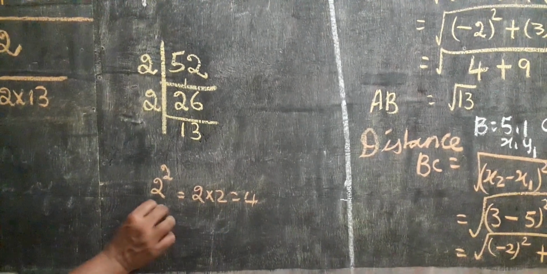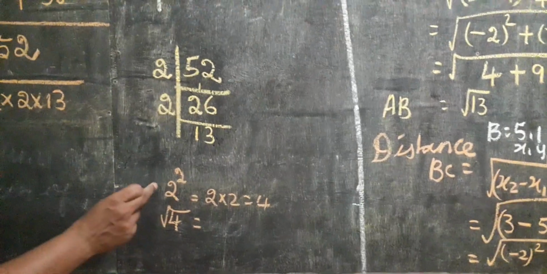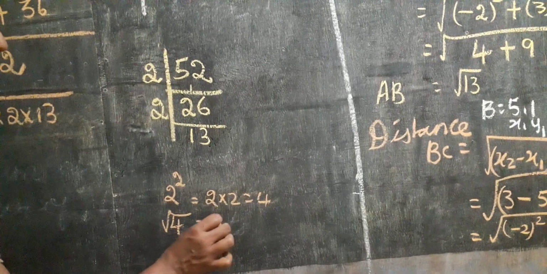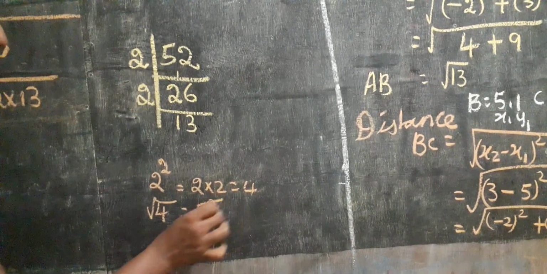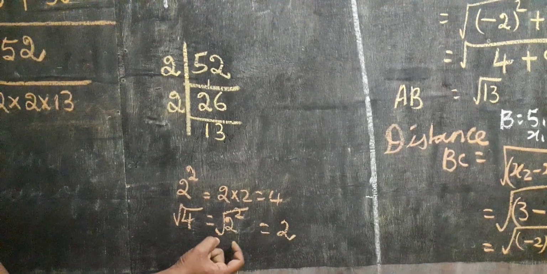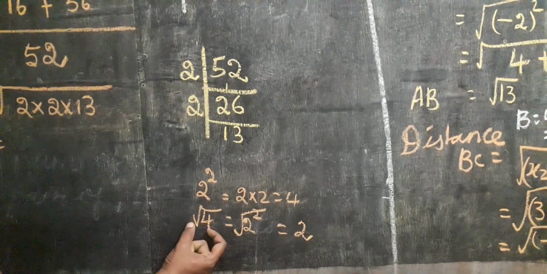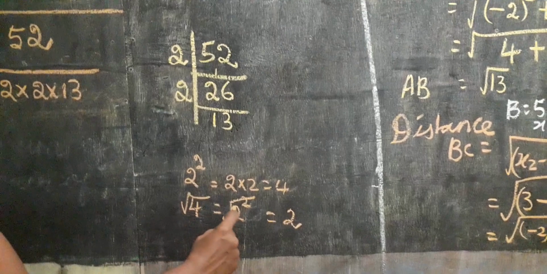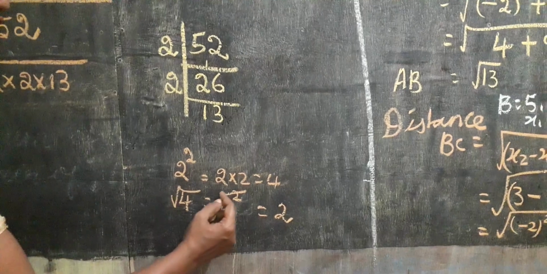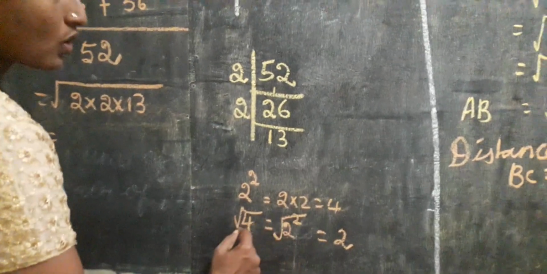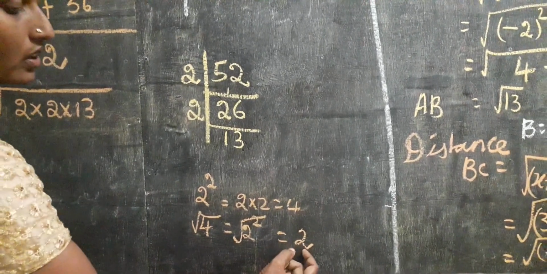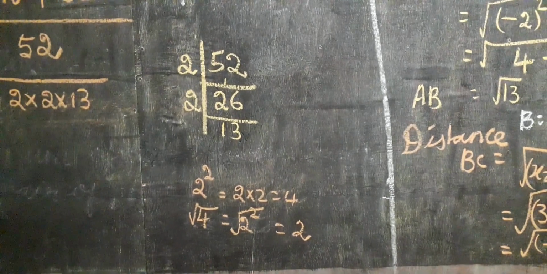Suppose we have to take the square root of 4. 4 is 2 square, so the square root of 2 power 2 means you take only a single value from it. So you take the value 2. That is the square root.